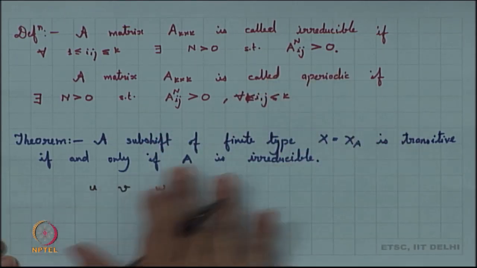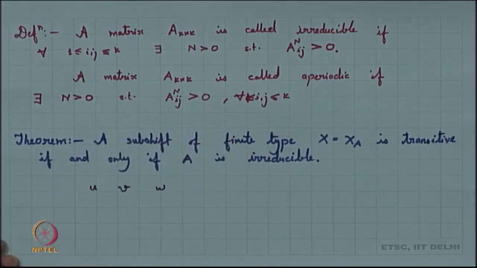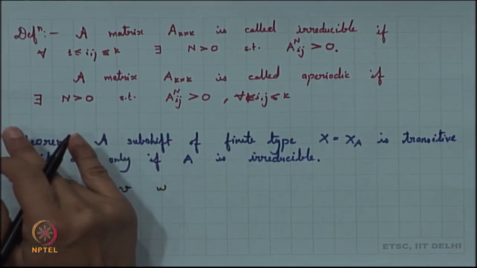So, these two quantities are equivalent, and hence for us to know whether a subshift of finite type is transitive, it is enough to see whether the matrix happens to be irreducible.